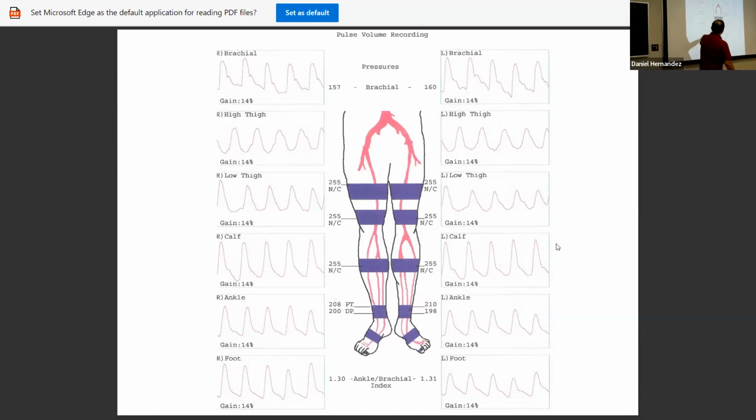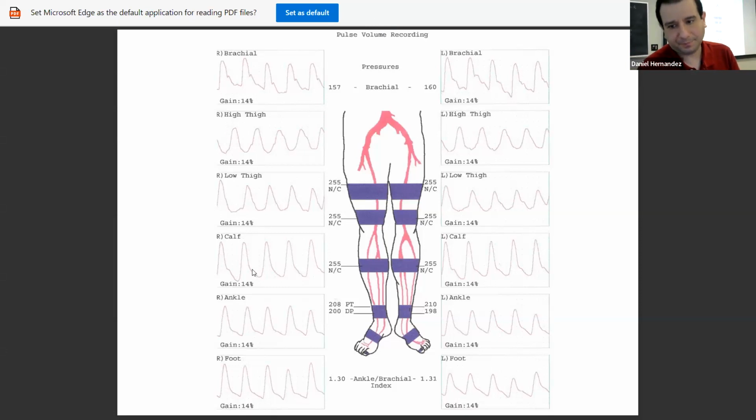So, like we said, the pressures typically go up as we go up the leg. They're calcified uniformly, but it's still easier to compress these vessels down here, even if they are heavily calcified.